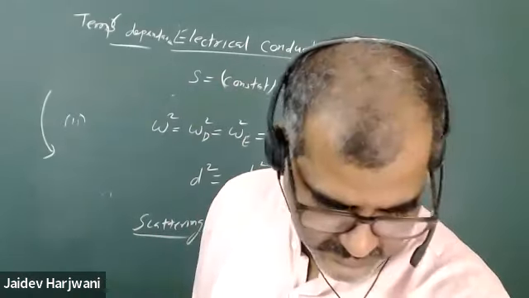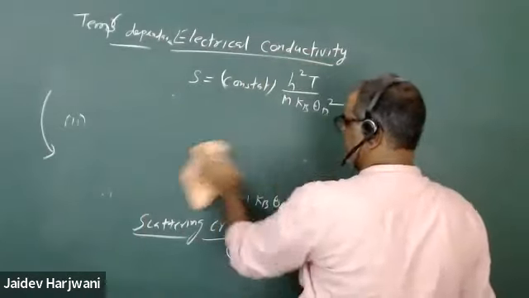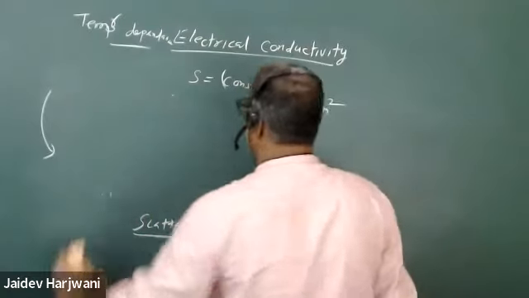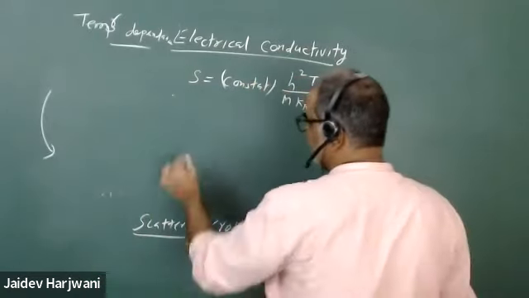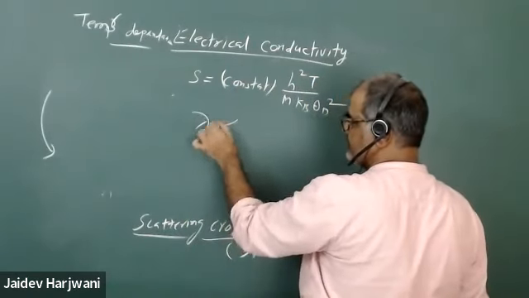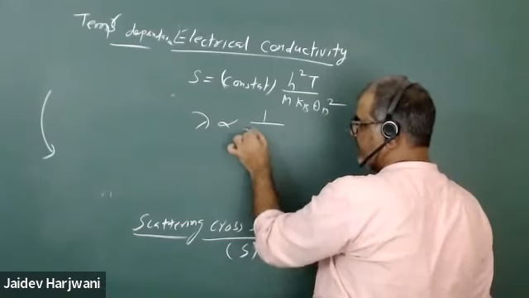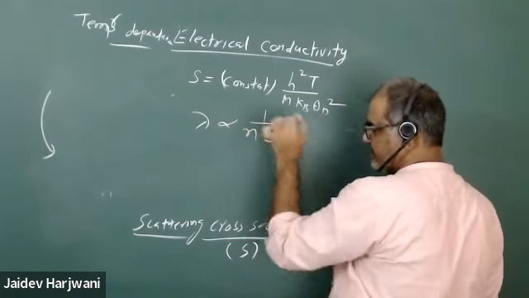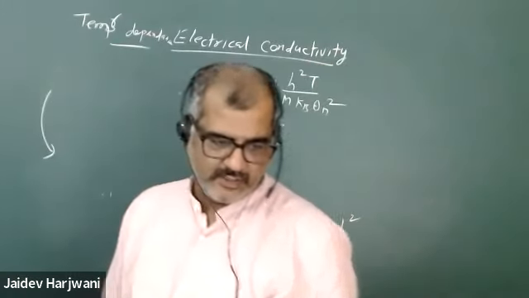I'm doing the simplest derivation so that we know and understand. This will give you the mean free path. You know from the kinetic theory of gases, the mean free path depends on the number density as well as your scattering cross section, pi d square.